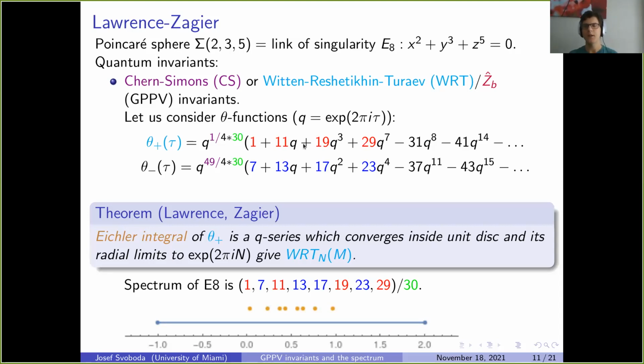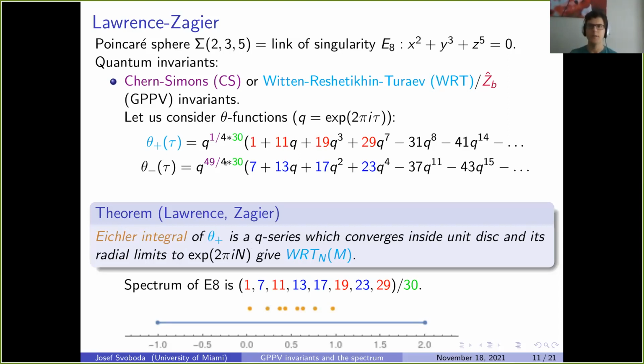It started with an observation of Wafa in the 90s that you can get Witten-Reshetikhin-Turaev as radial limits of Eichler integral of some characters of vertex operator algebra.